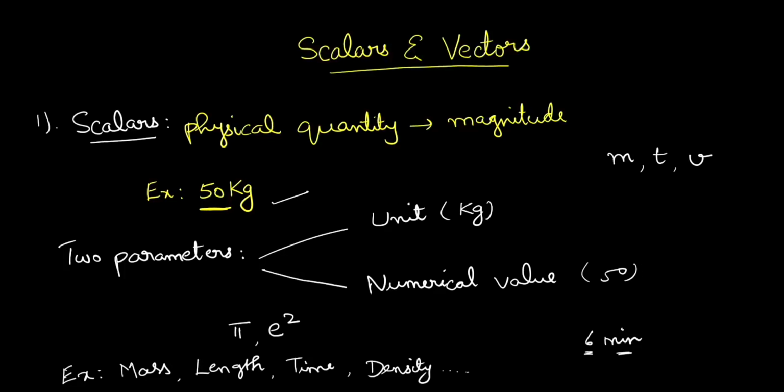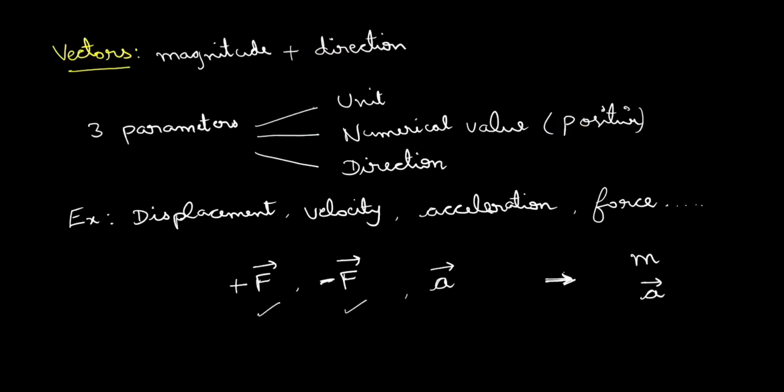Moving on to vectors, they have both magnitude and direction. The three parameters of vectors are unit, numerical value and direction. Some examples of vectors are displacement, velocity, acceleration and force. The main point is that vectors are denoted by an arrow at the top to denote the direction of the motion. So that's all for today, and thanks for watching.